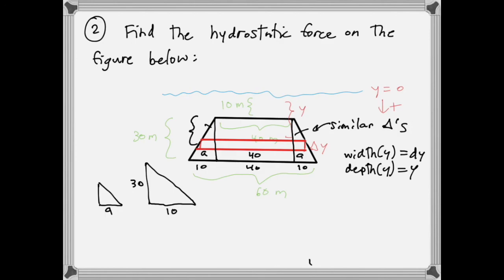Well, I want you to think about it. The entire distance is y that goes from the top of the shape to the rectangle. Sorry, from the water to the rectangle. And then from that top of the shape, that's just going to be y minus 10, right?